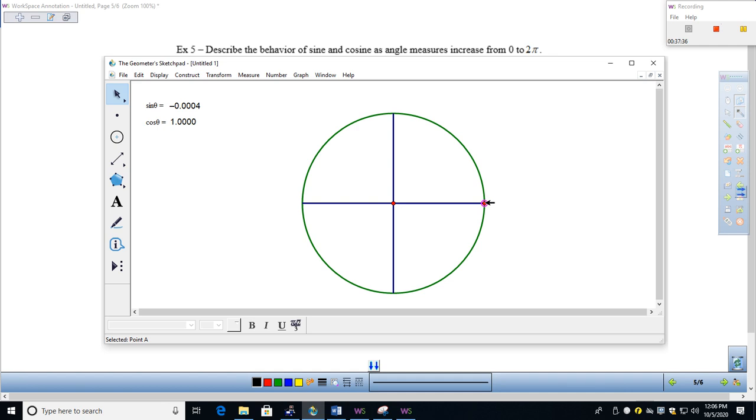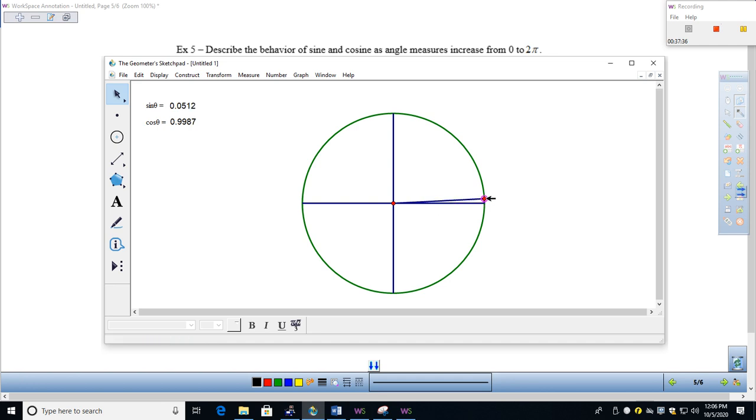It's just not exactly on the point, but it's good enough. And the cosine ratio should be 1. So what I'm going to do, everybody, is take this point and go around once, and then pause for a moment. I just want you to get a sense of what's going on with these values, positive and negative, whether they are increasing or decreasing, and what they max out to and what they drop to in terms of a minimum. All right, so you ready?